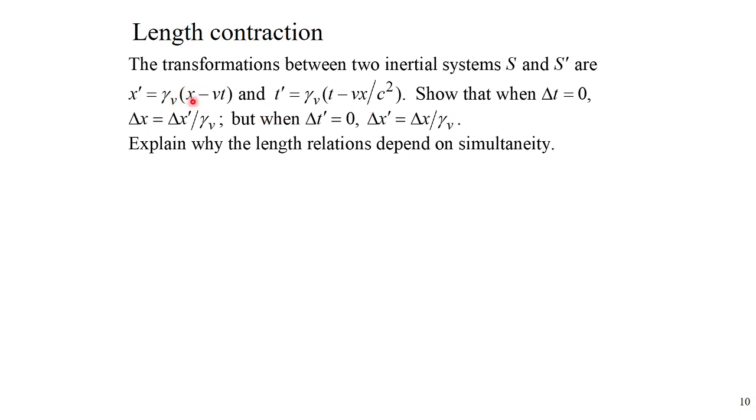The prime frame is moving at a velocity v relative to the unprimed system. If we measure at coordinate t equals 0, then we get delta x equals delta x prime divided by gamma v.